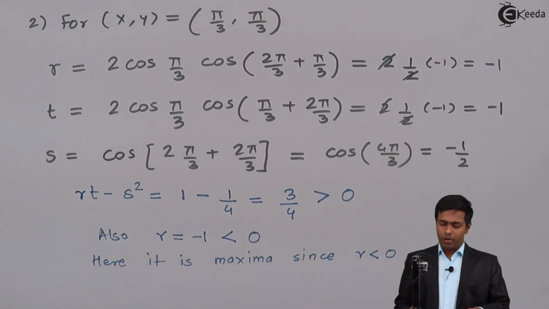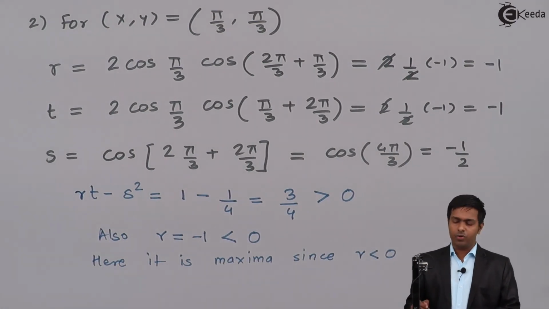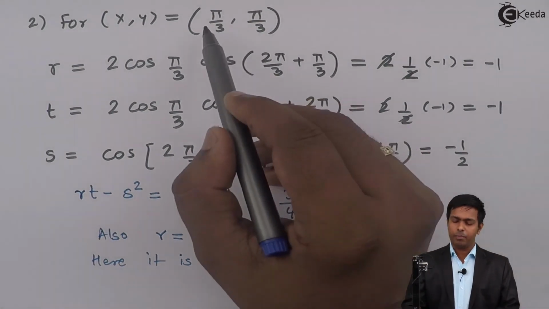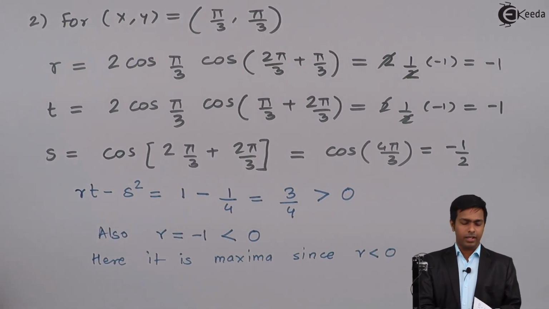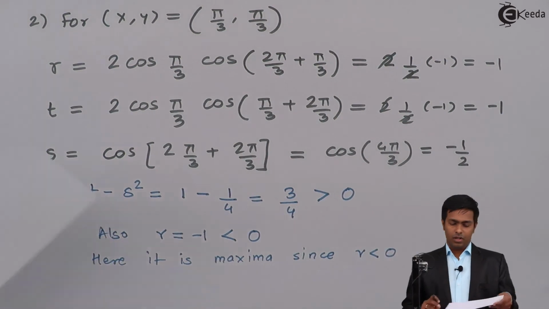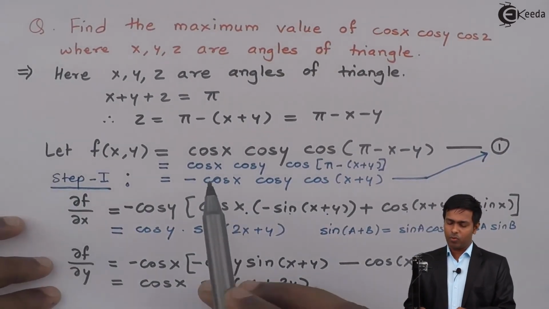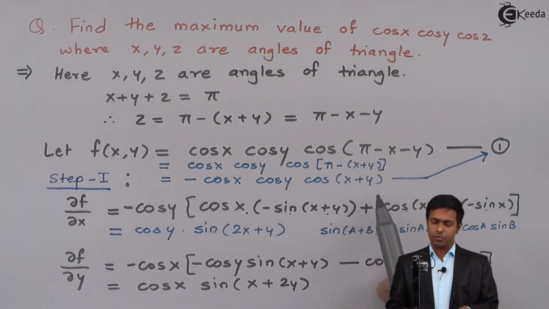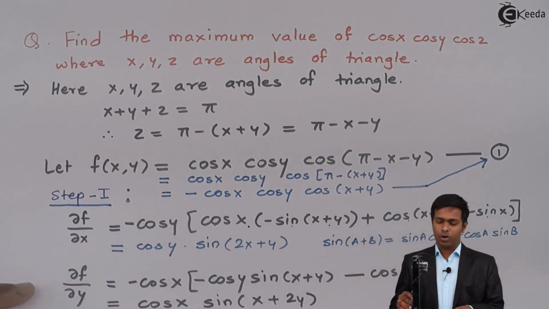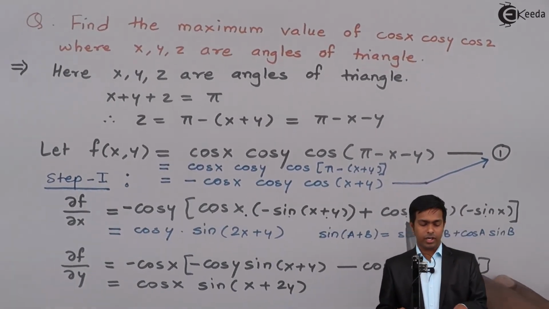So now we'll find out the maximum value of the function at the point pi by 3 comma pi by 3, and for that I'll substitute the value of pi by 3 comma pi by 3 in equation number 1. So here this is our equation number 1, that is minus cos x cos y cos of x plus y.